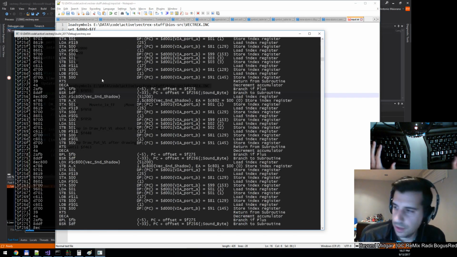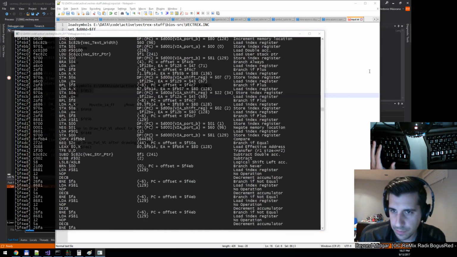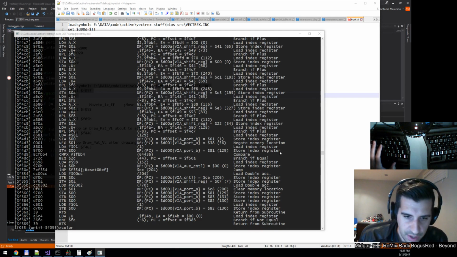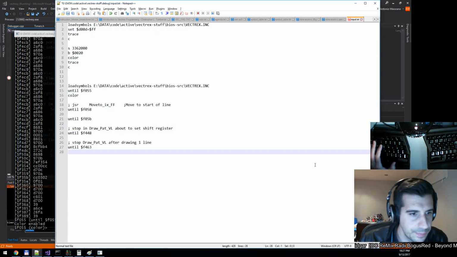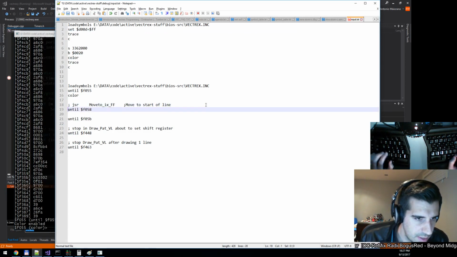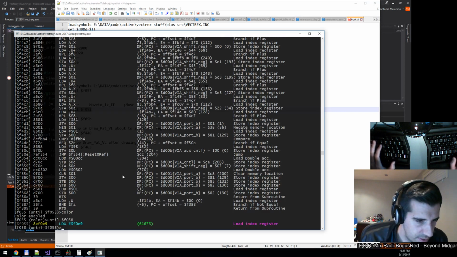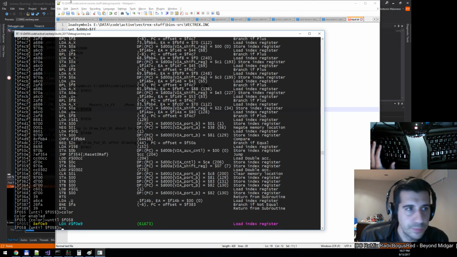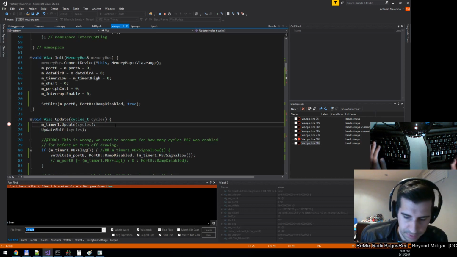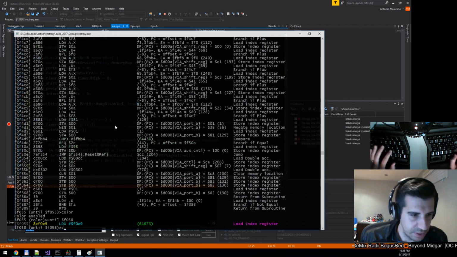Let's run here. So now we're there. Turn on color, until here. Okay, let's put a little breakpoint in our update and let's step and see what this looks like.